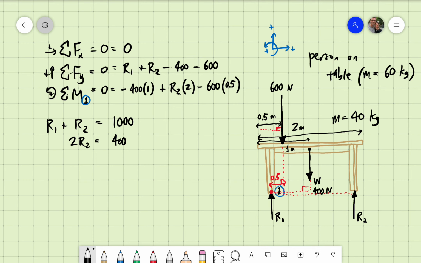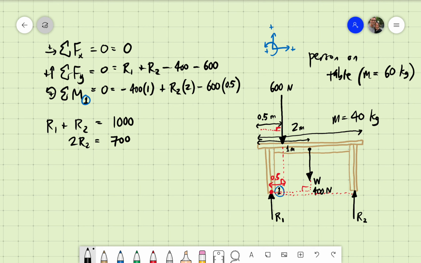I add the 400 to both sides. This is just like last time so far. But then I also have 600 times the 0.5, which makes 300. I add that to both sides. So let me go ahead and write 700 total. Okay, 400 plus 300 gives me 700. They were both negative, but I moved them both over, so that's why we get positive 700.